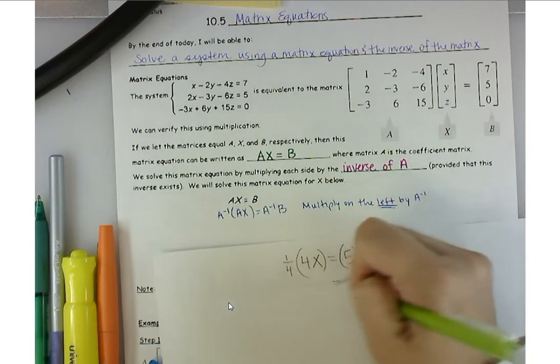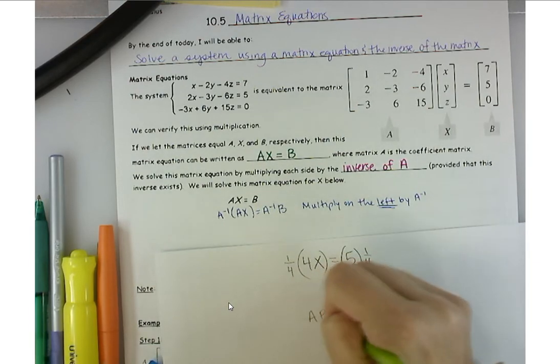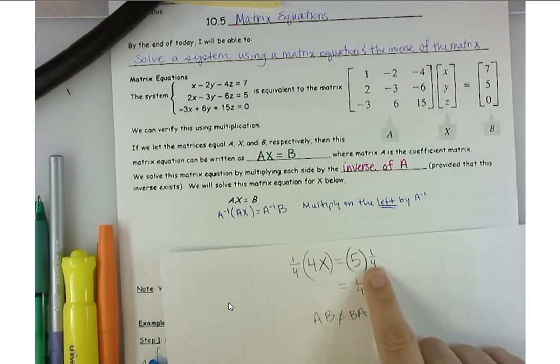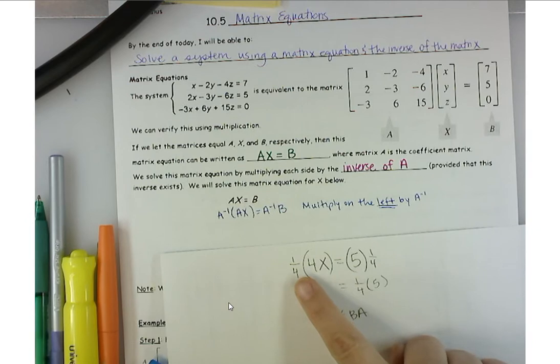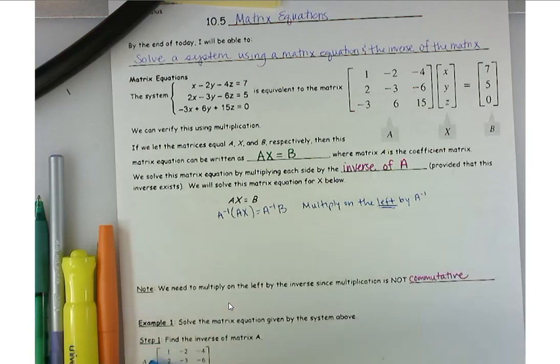What's different with the matrices is that when you multiply A times B, it does not equal B times A, which is why we can't have one of the matrices on the left and the other one on the right, like we would with numbers. So that's why I just wanted to stress to you that that has to be on the left.